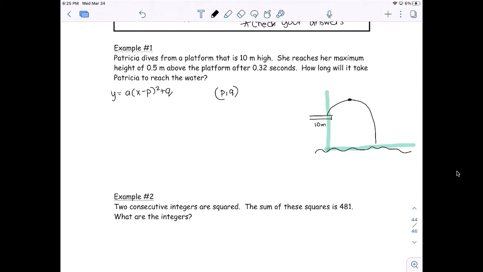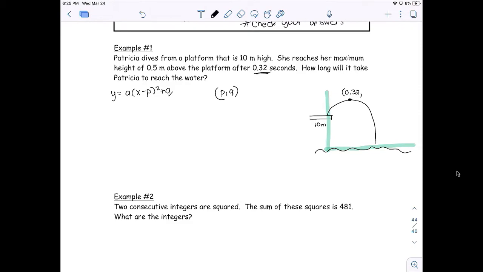So that's our vertex. So we know that the person's diving off the 10-meter diving board, and it says that they reach a height of 0.5 meters above the platform. The time it takes to reach the highest height is 0.32 seconds.